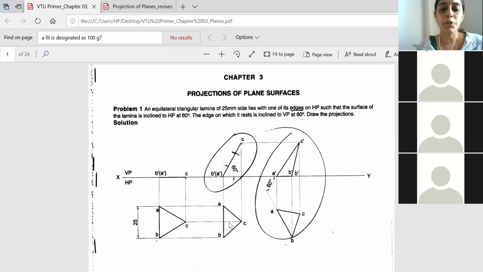Always understand the question. If it is told that in the third stage the edge or the side is resting on the VP, since we take the projection perpendicular and parallel, it will have the same dimension. You can notice the edge AB is the same here, and the dimension of edge AB in the second stage is also the same. So we can take this.